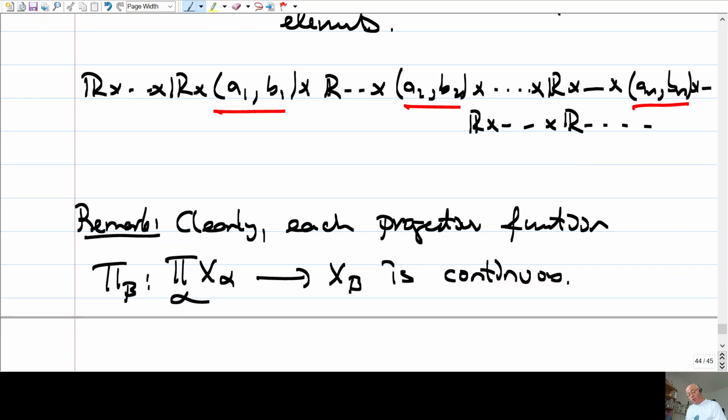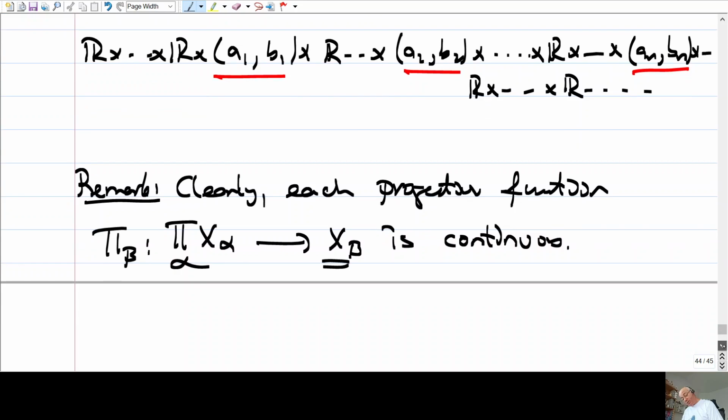Moreover, I took all the open sets here, right? Therefore, that topology is the smallest topology that makes this function continuous, because I looked at all the open sets here and declared their pre-images as open sets, right?